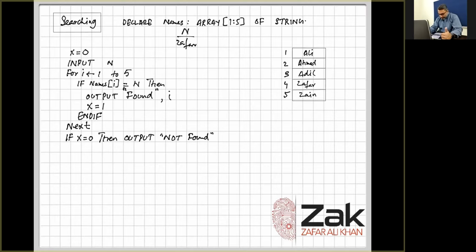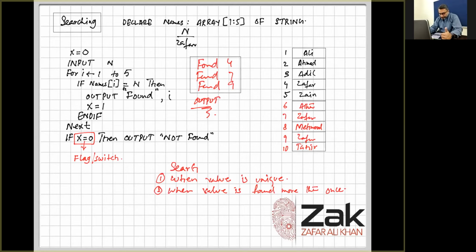Now let's suppose that this array is not from 1 to 5 anymore, rather it is from 1 to 10. And the value that we are looking for, Zafar, is at location 4, then 7, then 9. Now, this x equal to 0 is a flag.